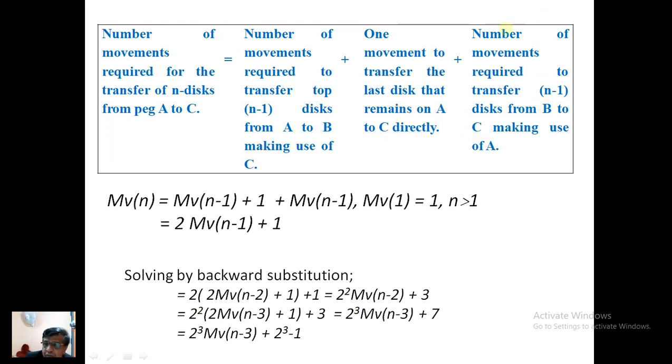There are n-1 disks still lying on B. These n-1 disks once again should be recursively moved from B to C by making use of A.